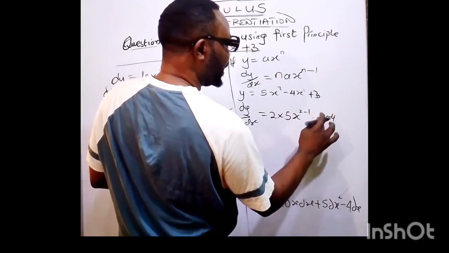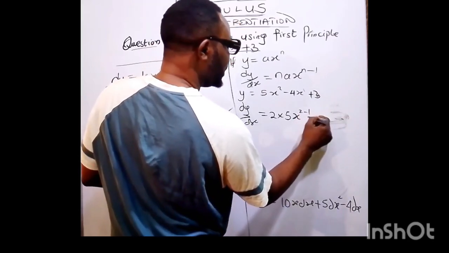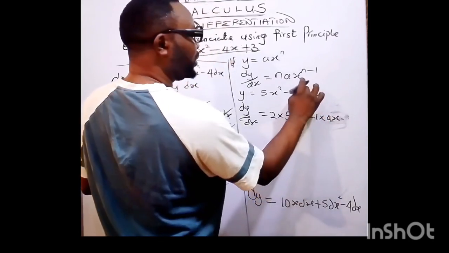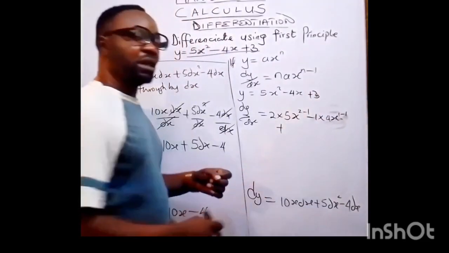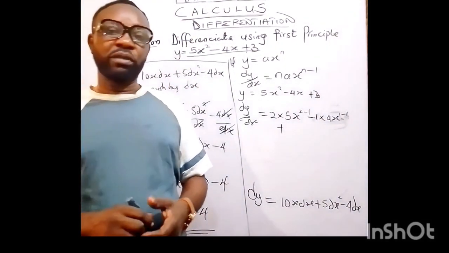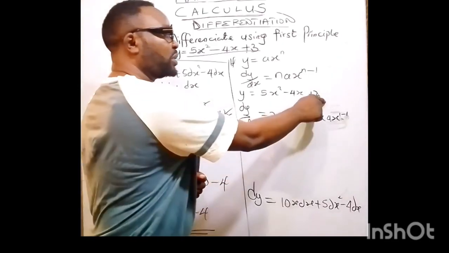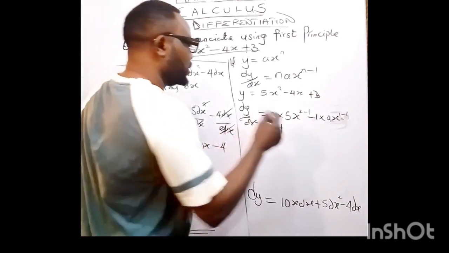Okay, let me just do it like this. Minus 1 multiplied by 4, x raised to what? What is the value here? I say it's 1, 1 minus 1. Plus, what is the derivative of a constant? Don't forget, the derivative of a constant is 0, because it doesn't have any variable with it. There's no x with it, so it's going to be 0.